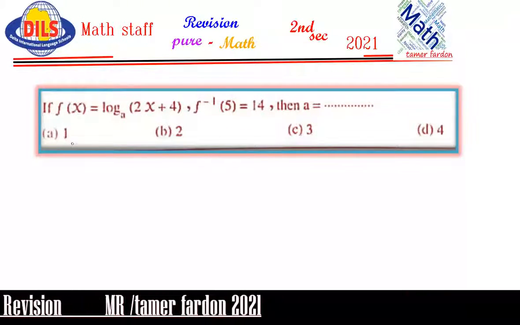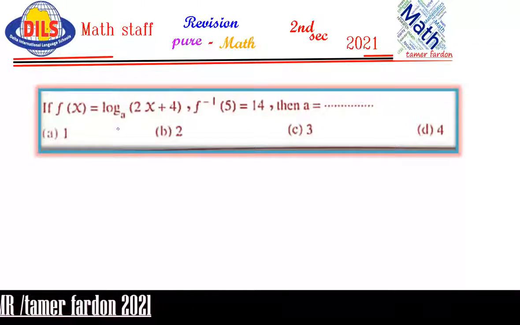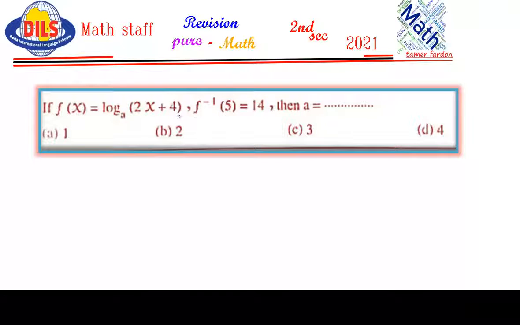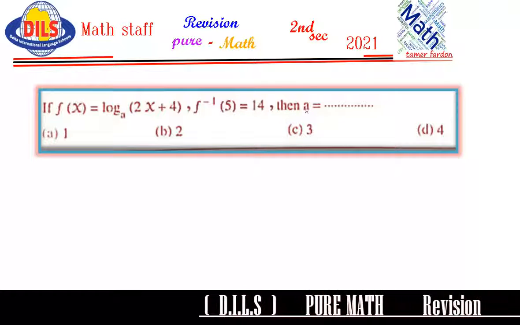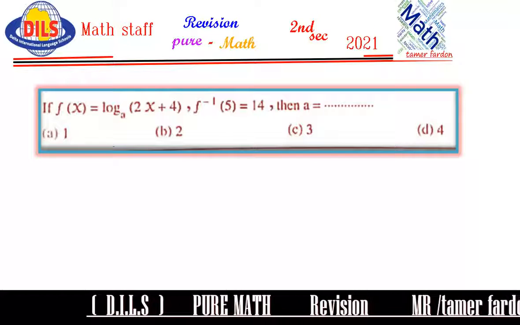The next, f of x equals log a of 2x plus 4 and f power negative 1 of 5 equals 14, then a equals what?